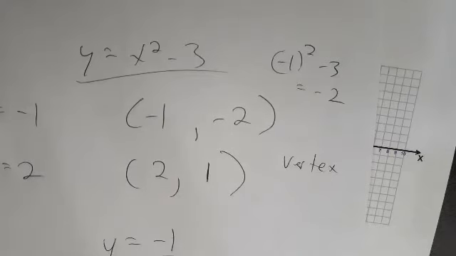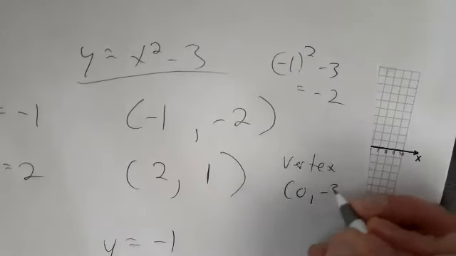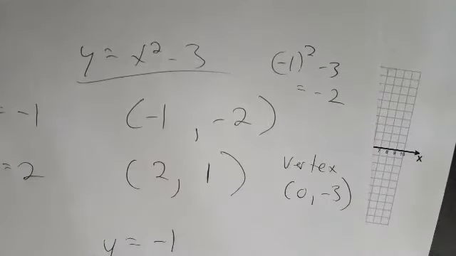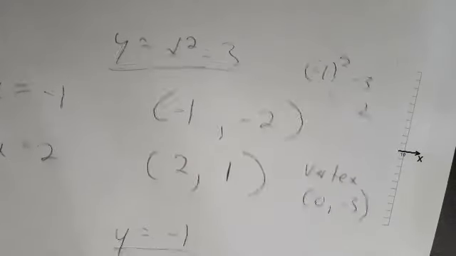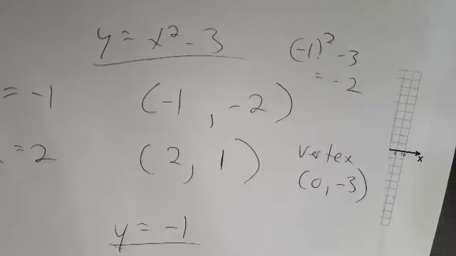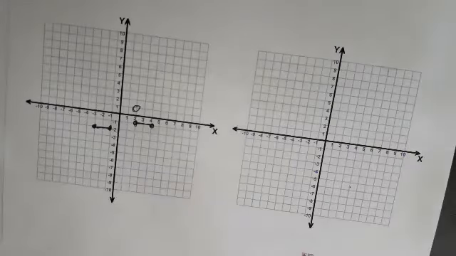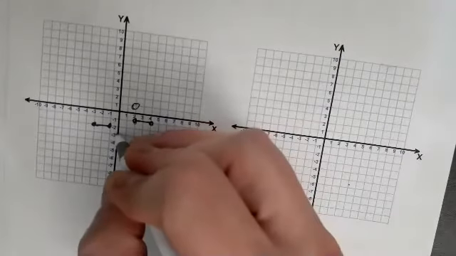It goes down 3 units. So instead of 0, 0, I think our vertex would be at what? 0, minus 3. 0, minus 3 should be our vertex.